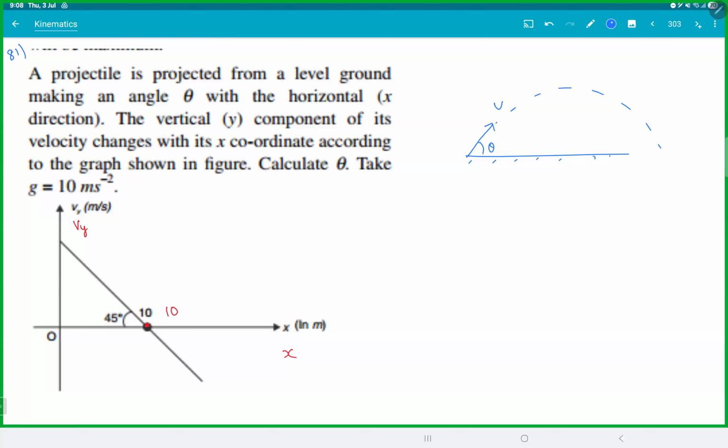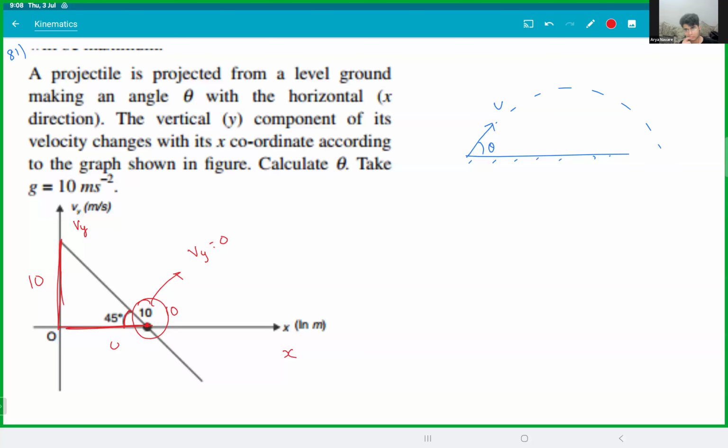There are some data points here, if you can clearly see. This is 45, this is 10, this is also 10. Second thing, did you notice something? At this point here, Vy became 0. You tell me, during projectile motion, when does Vy become 0? At h max.